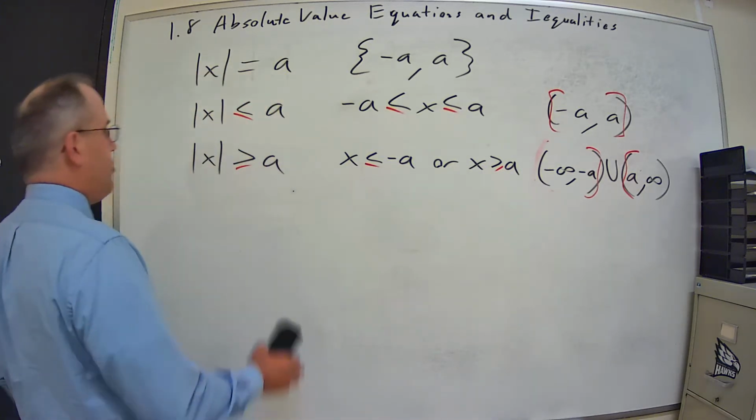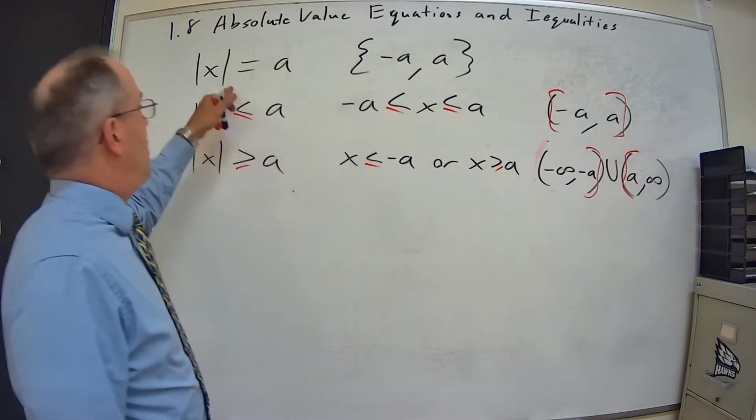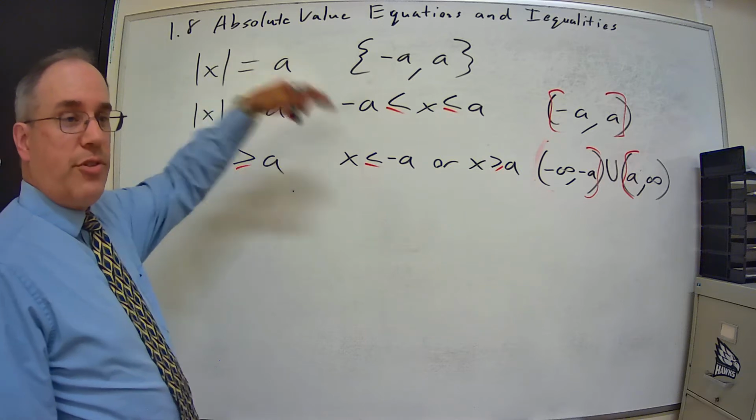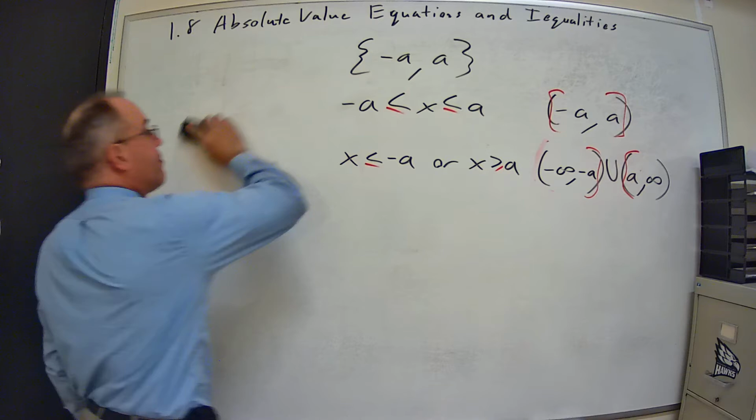So let's put this to use, because notice this, like here, this gives us the effect that x can have two different values, because we have to assume it can either be positive or negative.